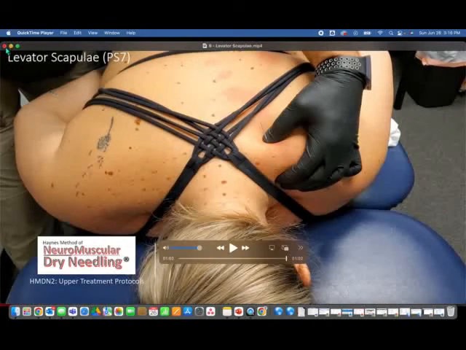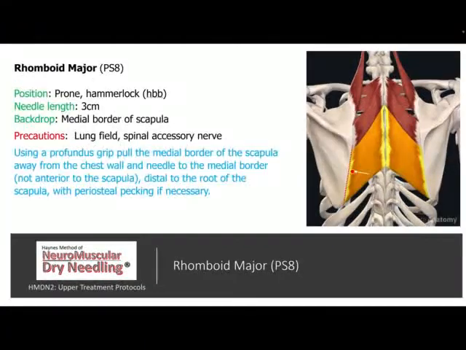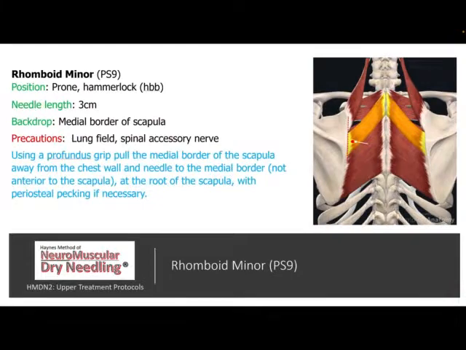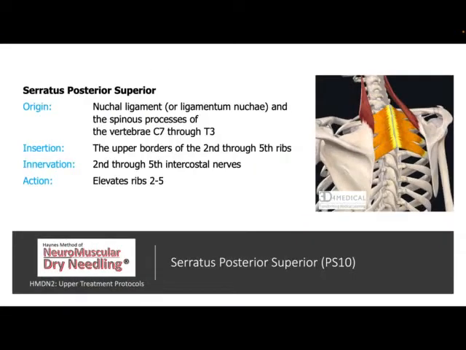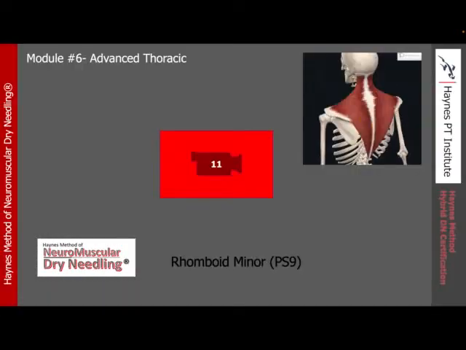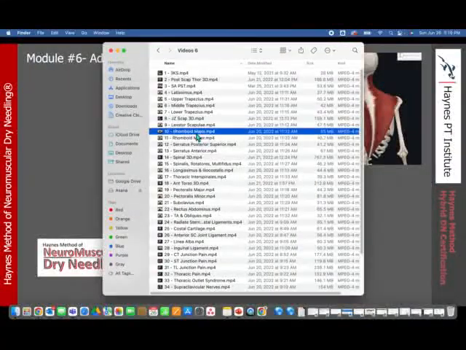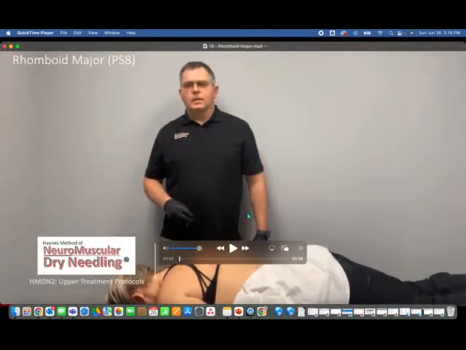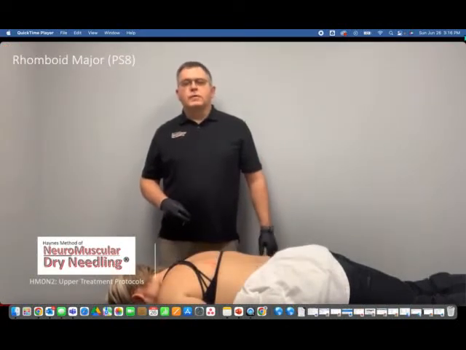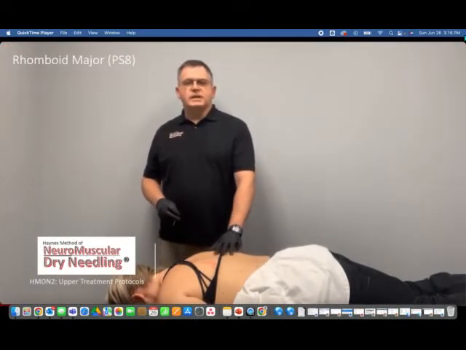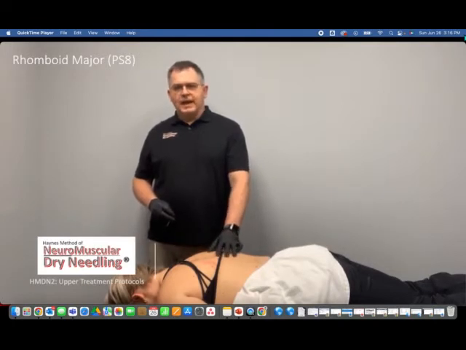And that's levator. Okay, let's move to rhomboid major and then rhomboid minor. For the rhomboid major, patient again is going to be in the prone position. We'll end up with the hand behind the back.